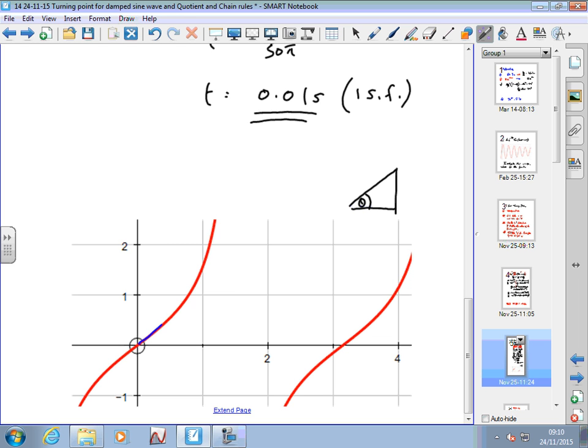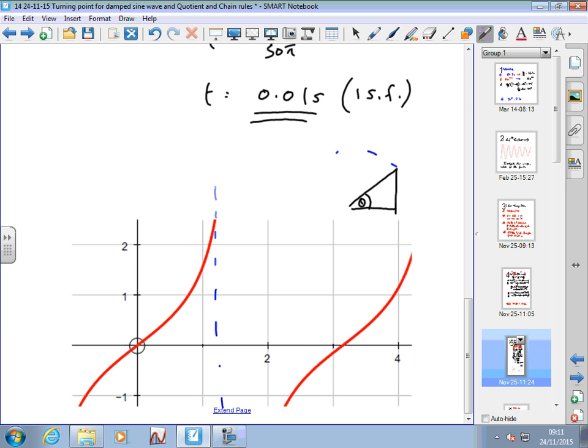So at 90 degrees, or if this is in radians, what's 90 degrees in radians? Sorry, 0.5 pi, right, pi over 2. At pi over 2, this is going to shoot off to infinity. So that's why the tangent curve looks like that.